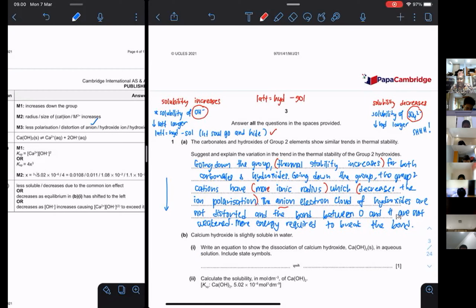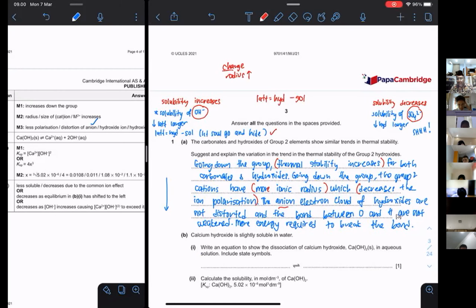And this negative value, lattice energy and hydration, depends on the charge divided by radius. It is similar to charge density. Going down group 2, the radius is going to increase, and generally the charge is the same.